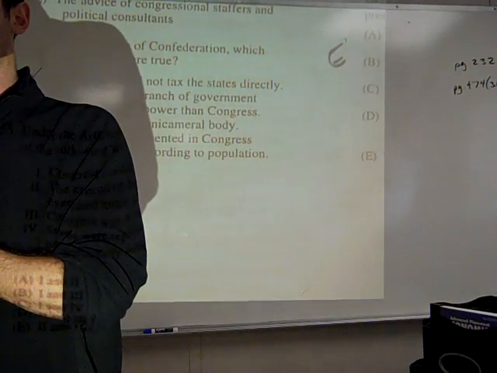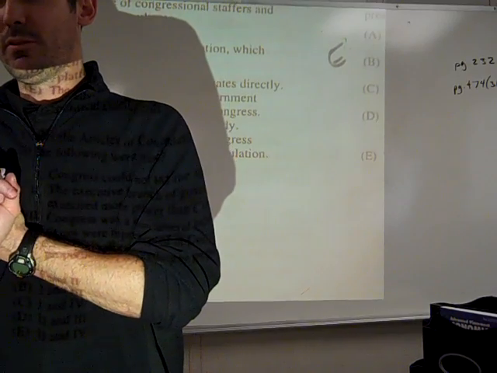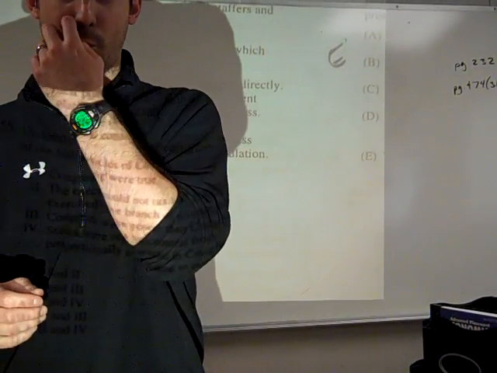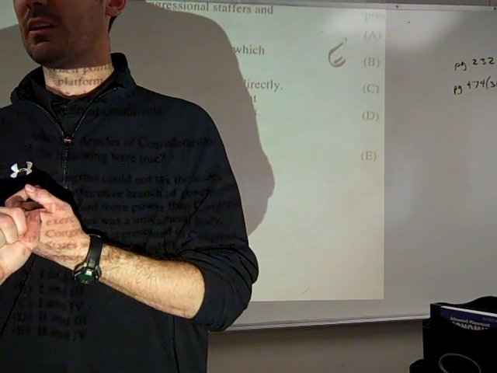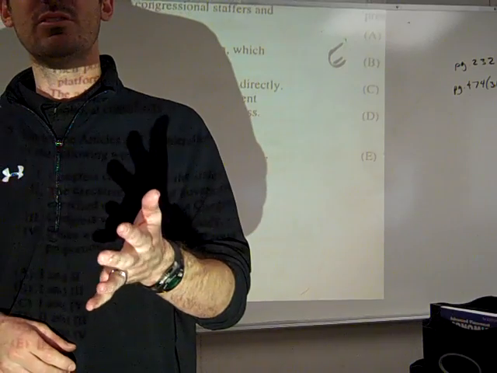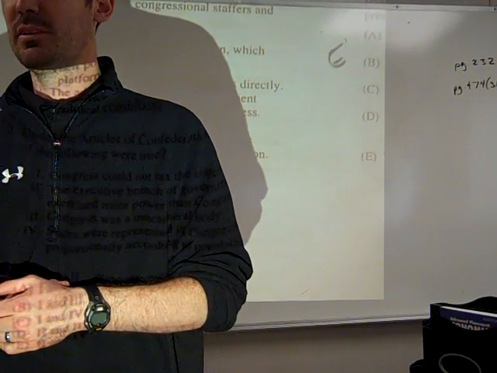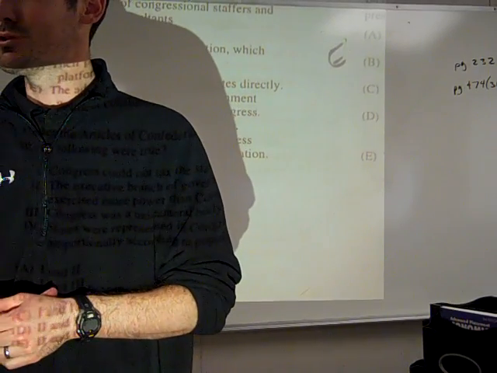No military? They had to sort of ask the state militias for help, and they couldn't pay for their own because they had to ask the states for money. By the way, the states were also in debt from the Revolutionary War. All right? They had no power to regulate trade across state lines. I believe the states were just declaring national policies unconstitutional.